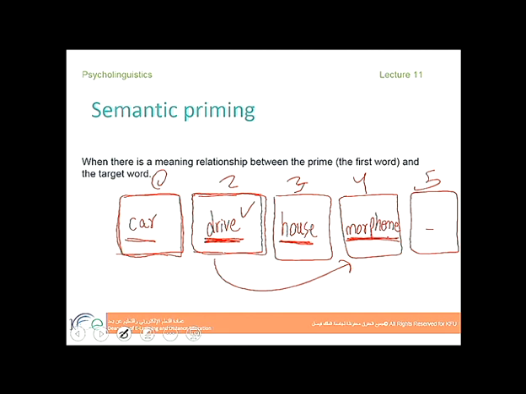But here, there is semantic priming between the two, because there is a meaning relationship between the prime, the first word, and the target word. This is my target. This is what I want to test. I put a lot of words, but this is the one I'm interested in. I don't care about the others. I just want to see, will participants respond to the word drive faster here, or when it's preceded by an unrelated word.